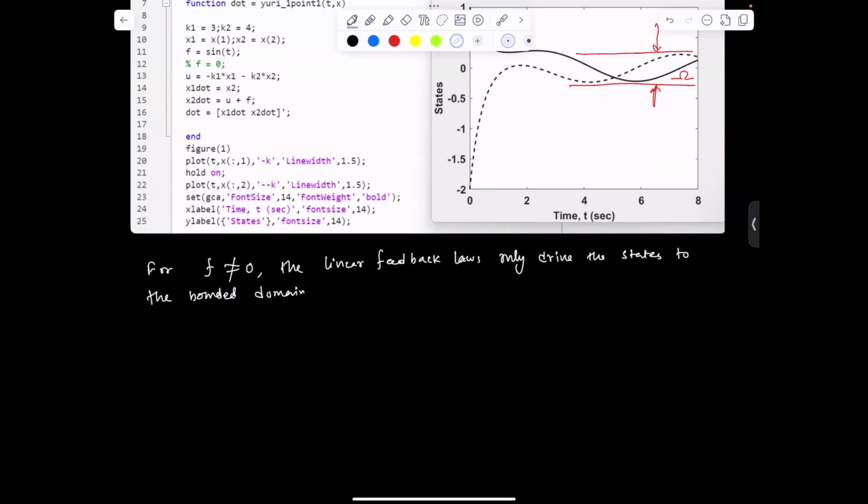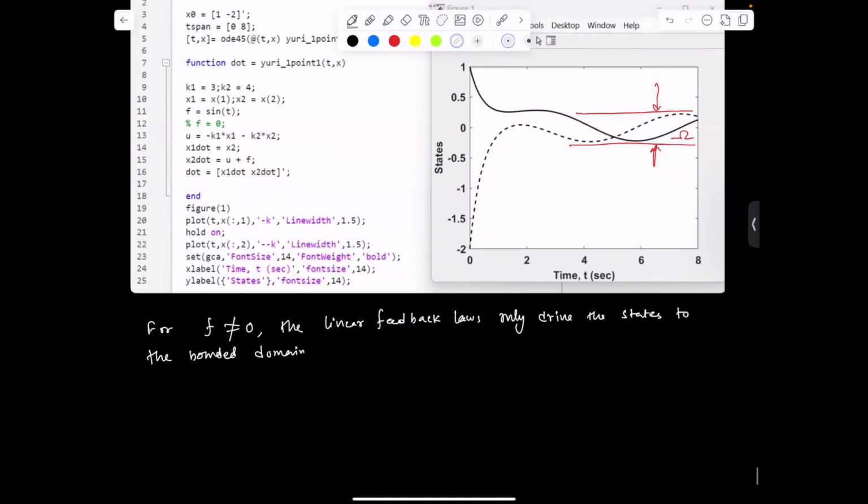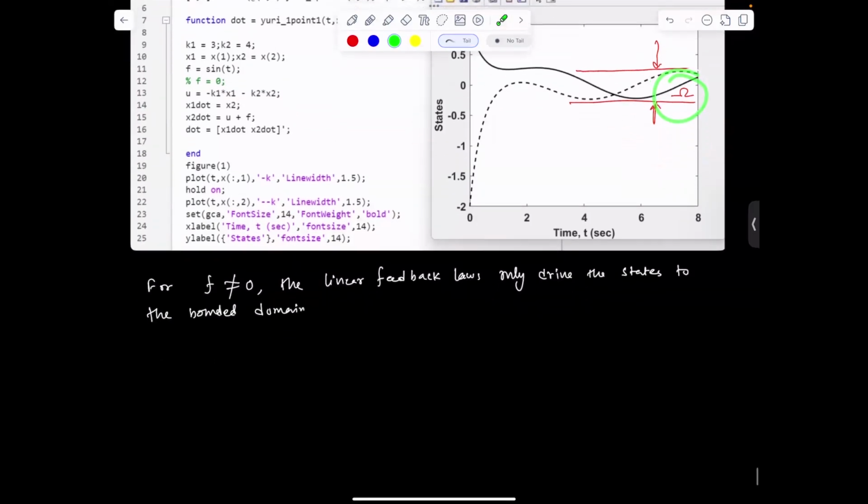That is clear. This bounded domain is defined by omega k1, k2, and for f, this is our delta, some norm.